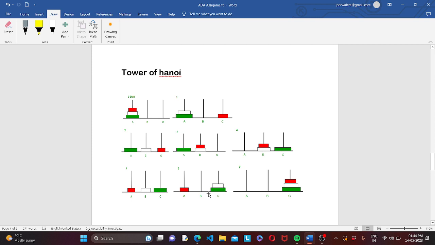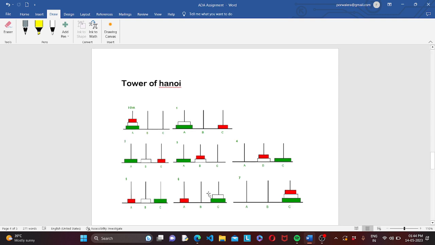So in Tower of Hanoi, let me explain with a more proper example. We'll be creating a stack and pushing the initial values, and this is how we will solve.